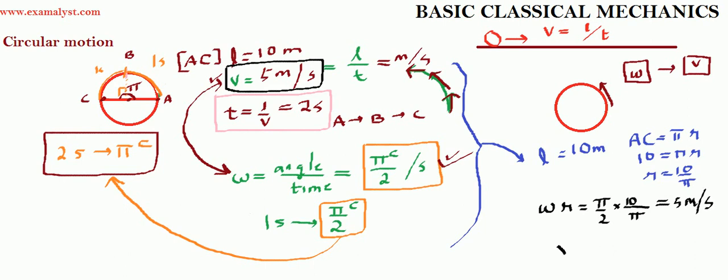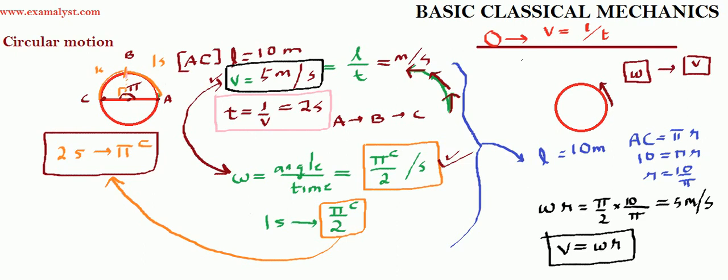So we see that the linear velocity of an object moving in circular motion is equal to the angular velocity multiplied with the radius. This is the relation between linear velocity and angular velocity. Now this was one type of derivation. Can we do some concrete derivation?